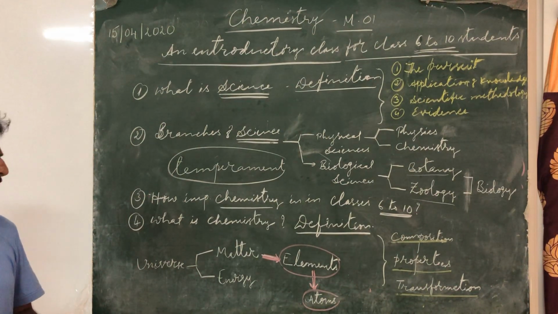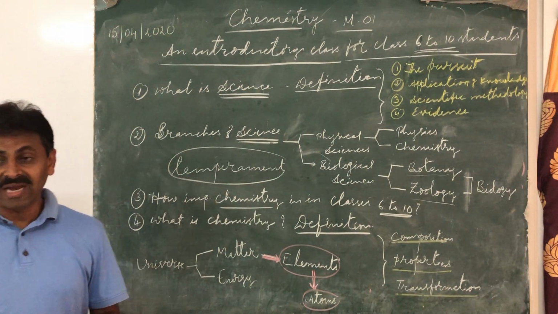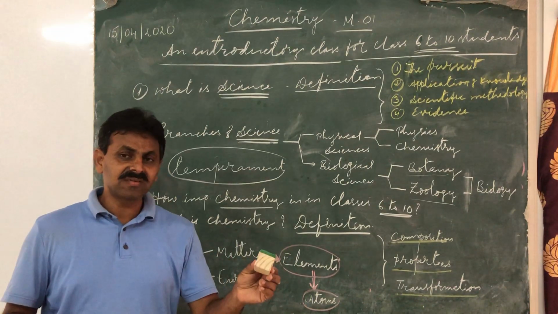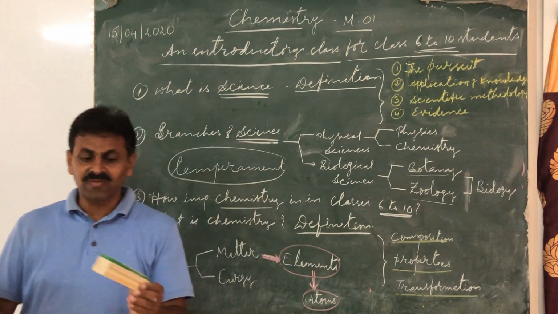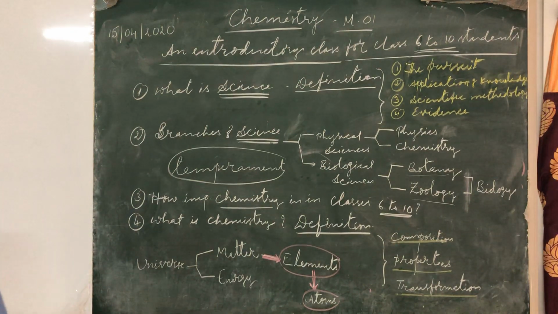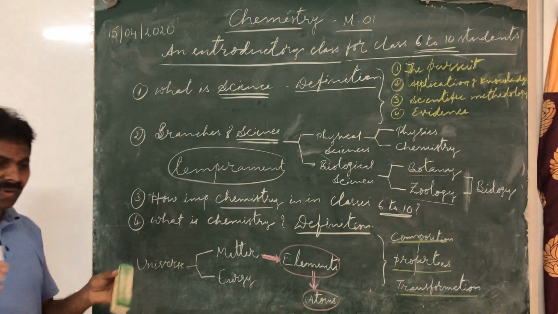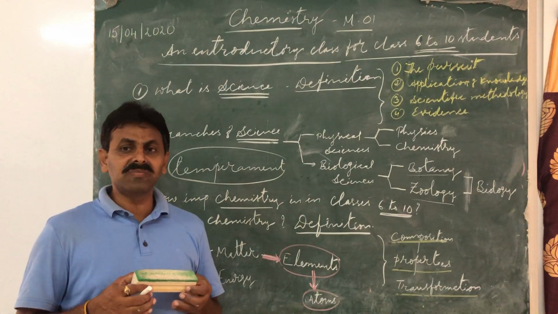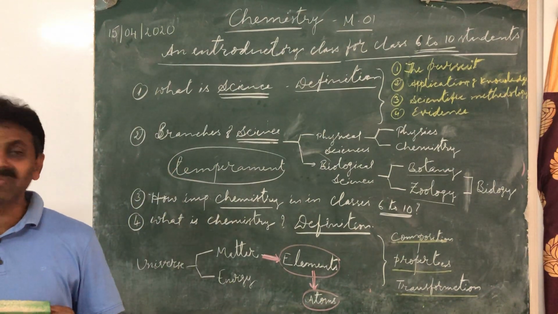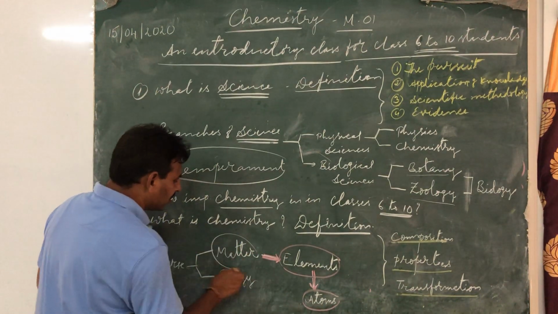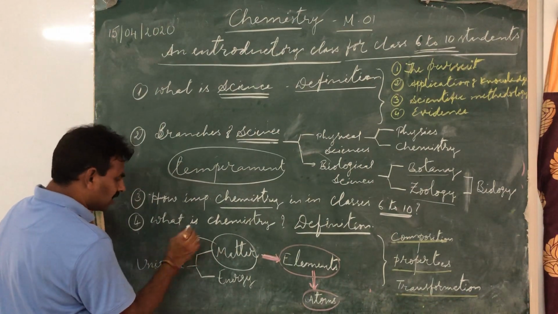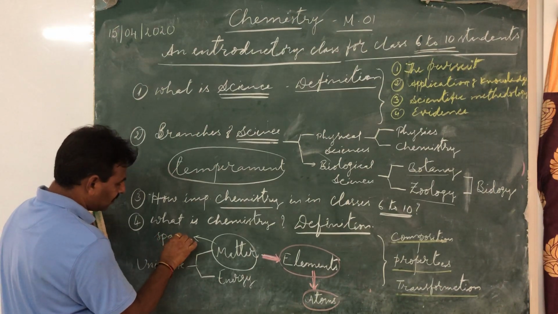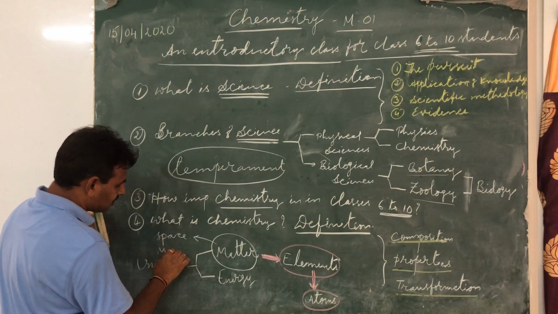So anything that occupies space and has mass. This is also having some mass. Chalk is also having mass. Of course, the mass of this duster is more than the mass of the chalk, but both of them have some mass. So when you are defining matter, there are only two terms which you must know: one is space and another is mass.